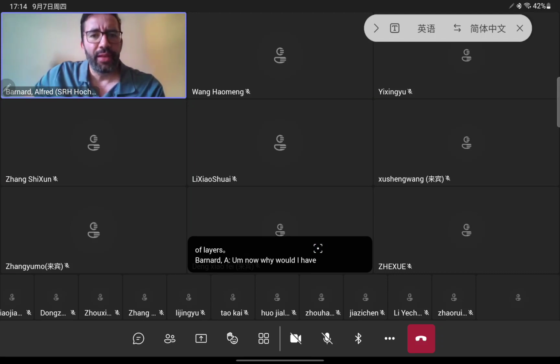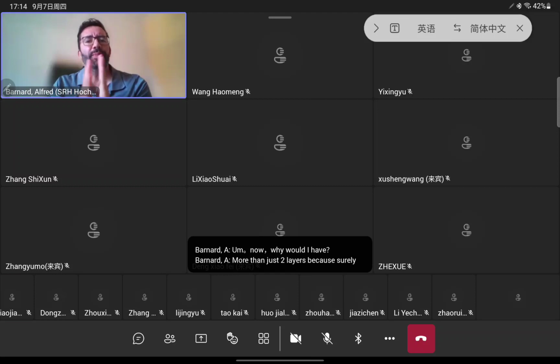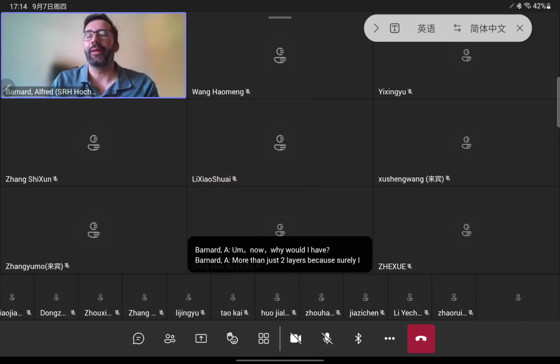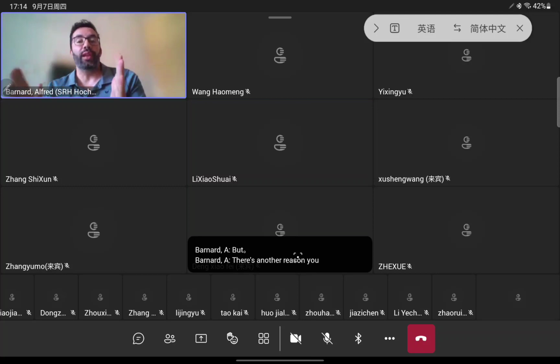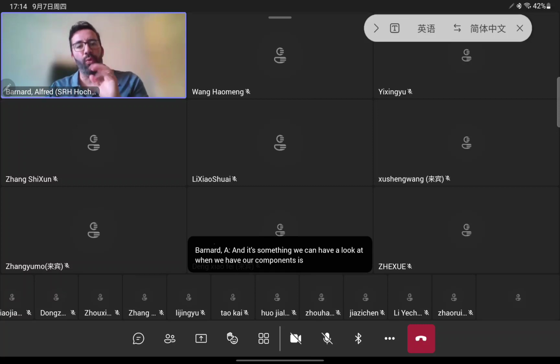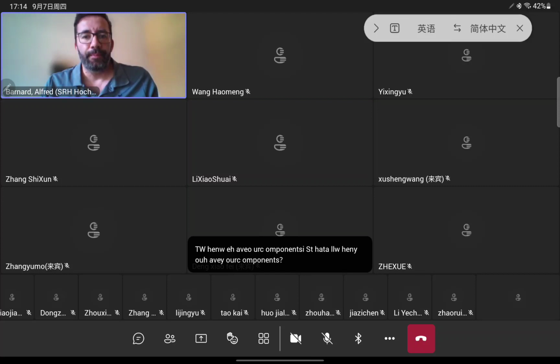Now, why would I have more than just 2 layers? Because surely I can't put components between layers. Well, more or less, that would be the right idea that you have. But there's another reason you might have more layers. And it's something we can have a look at when we have our components.